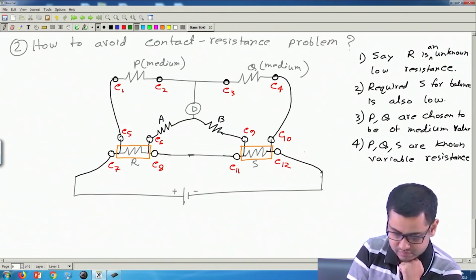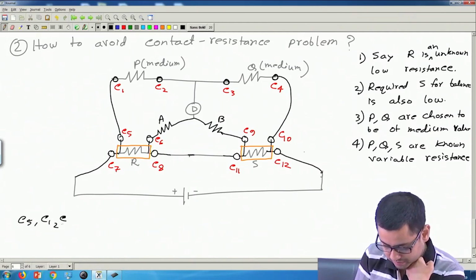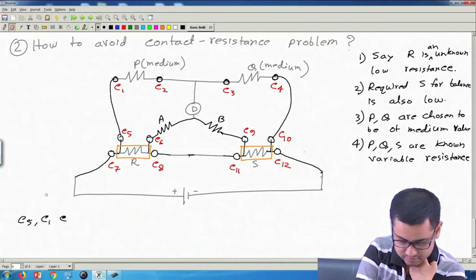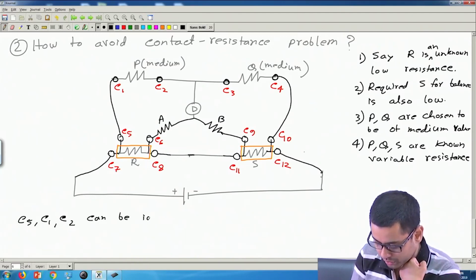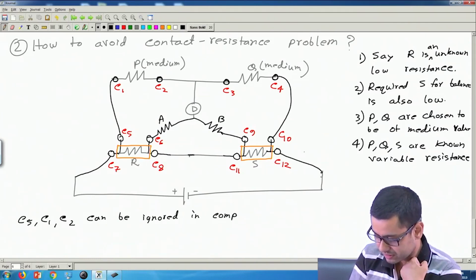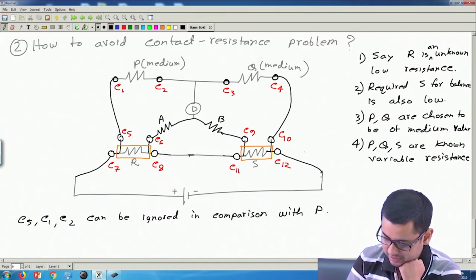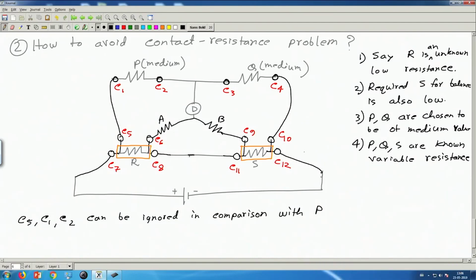Therefore, C5, C1 and C2 can be ignored in comparison with P, because these are in series with P and P is of much higher value.